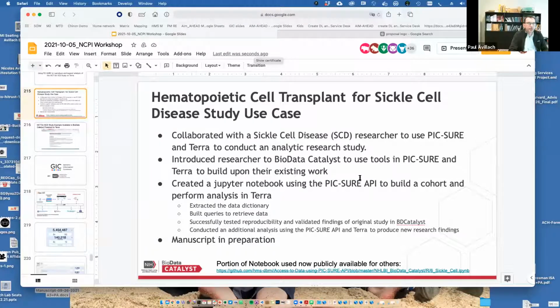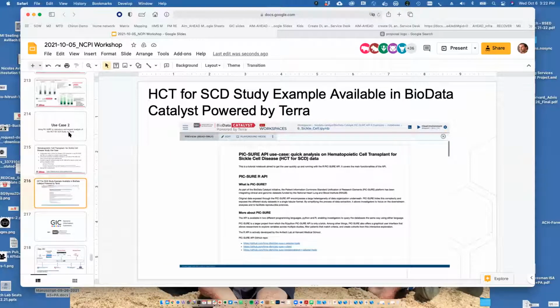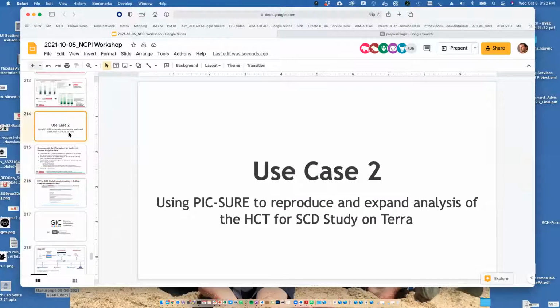Which use case are you talking about? Yeah, I can speak to this a little bit. I think our concern was as well: we're interoperating. BioData Catalyst is a little bit different as an ecosystem, a platform of platforms.